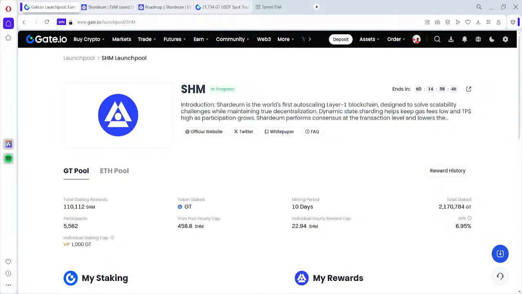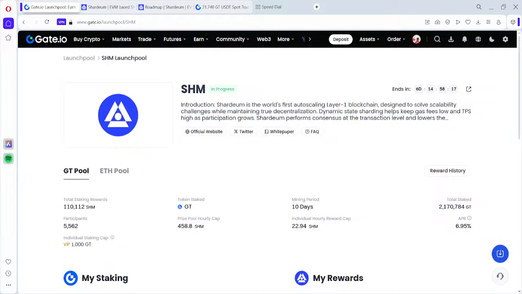SHARDEUM is an EVM based layer 1 that uses dynamic state sharding to achieve linear scalability while attaining atomic composability across the shards. This means SHARDEUM can increase its transaction per second capacity with each validator added to the network to retain low fees forever.